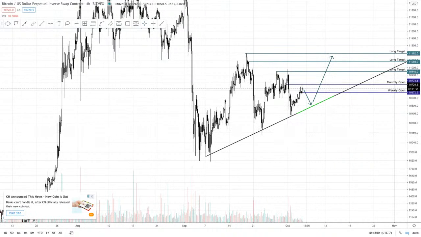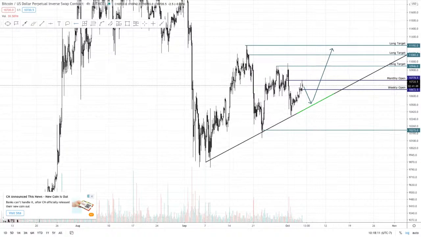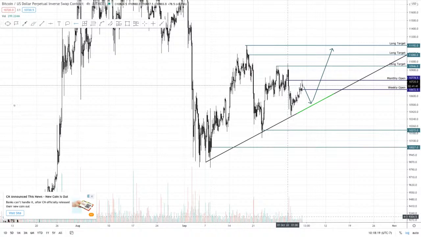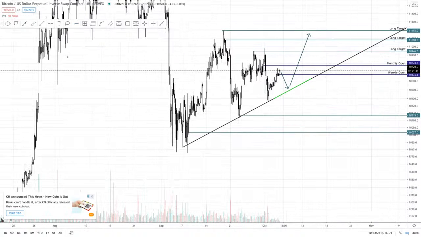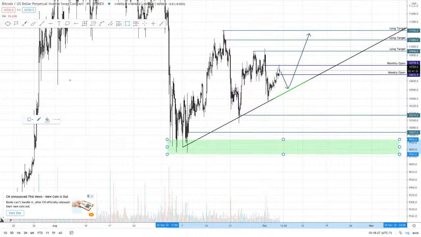So 10,002, 10,000 flat. 10,000. This area here is just like one big support box, so we can just put it here.